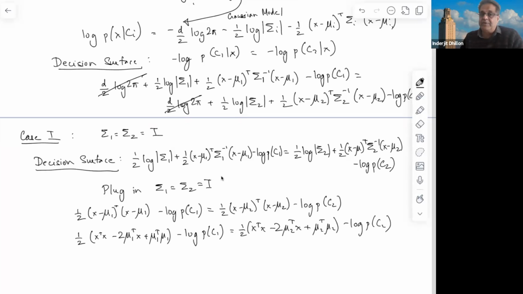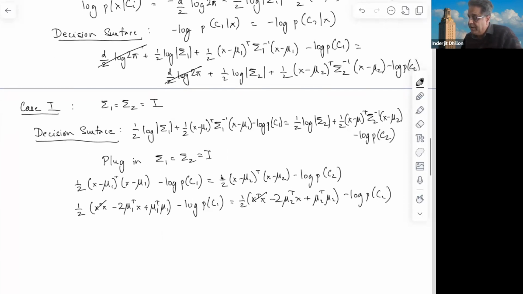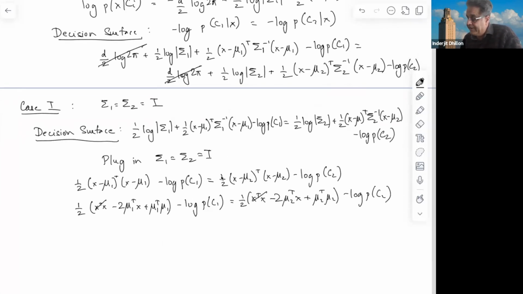It should start reminding you of something you've seen. The interesting thing is that X transpose X cancels, which means the quadratic part of the decision surface does not play a role, and the decision surface is actually linear.